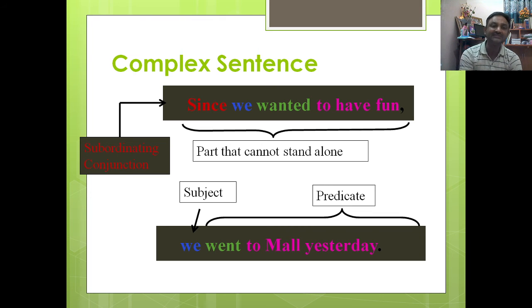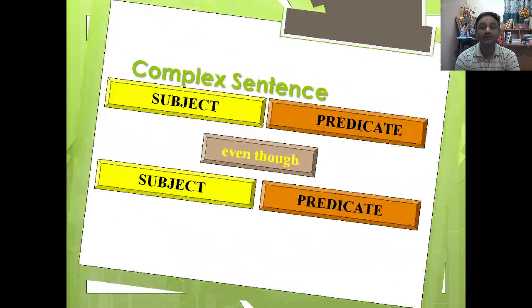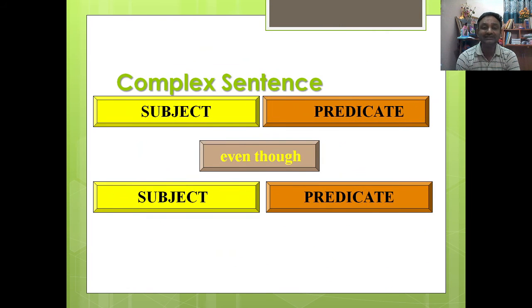But by adding the subordinating conjunction, when it is connected with the subject and predicate, we went to the mall yesterday, then only it is complete. So a complex sentence has a subject and predicate connected with a subordinating conjunction.